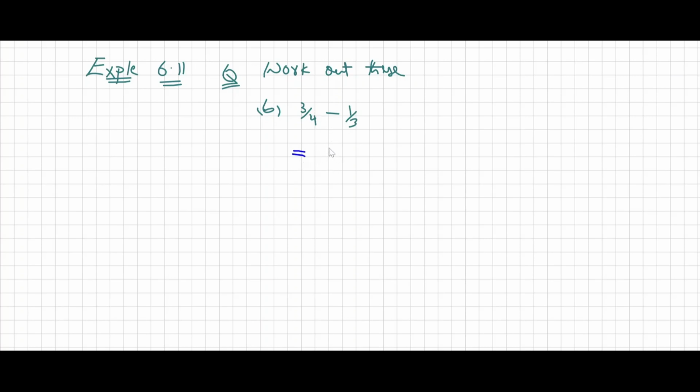So here 3 into 3, 4 into 3, minus 1 into 4, 3 into 4. So you can see 4 into 3 or 3 into 4, these are the same numbers. So 9 by 12 minus 4 by 12. So 9 minus 4, you will get 5 by 12.